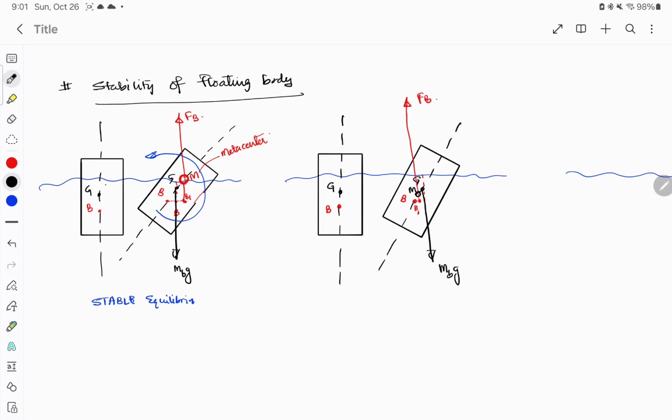So metacenter is in between center of gravity and, so this M is called the metacenter. Now we can see that this particular arrangement is creating a couple in the clockwise direction, which is trying to rotate the body somewhere not in the initial position but upside down. So that will create an unstable equilibrium.